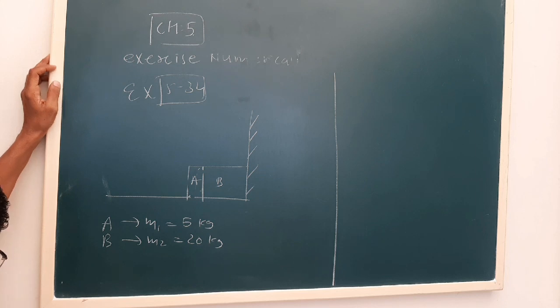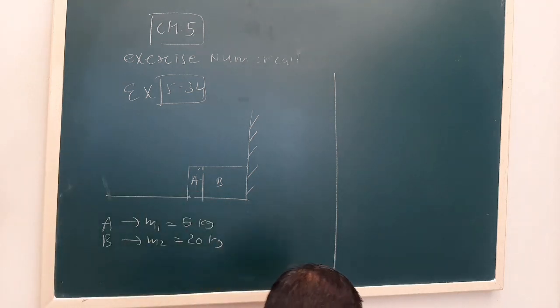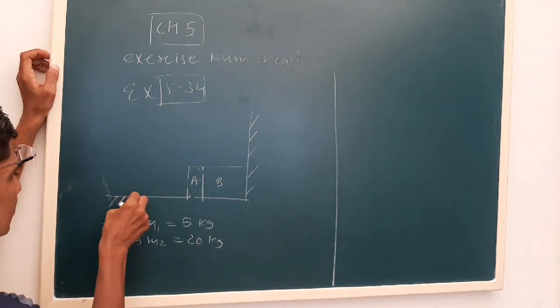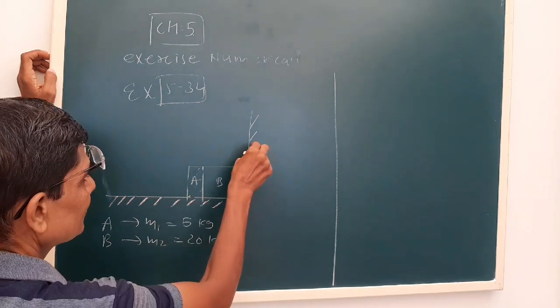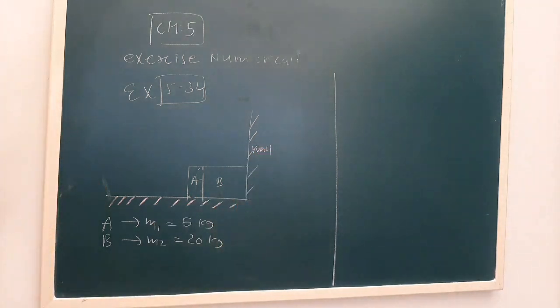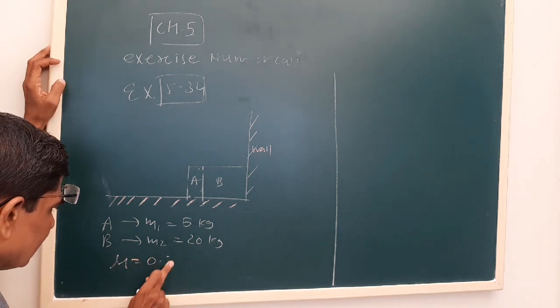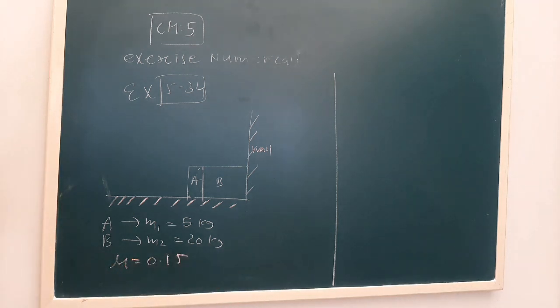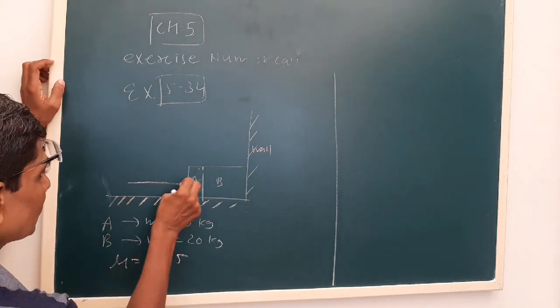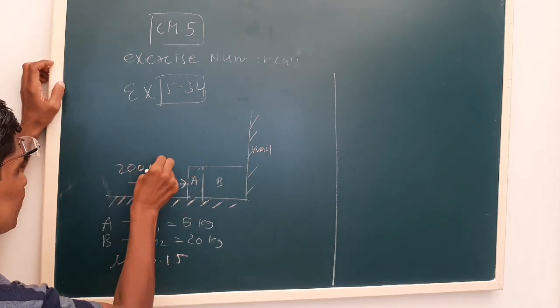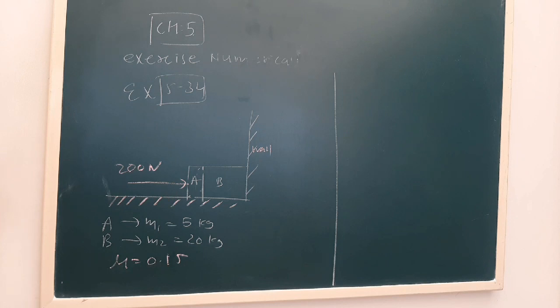They are kept on a rough surface, and there is a ball also. Now mu is 0.50. The question says a force of 200 Newton is applied on the right hand side as shown in the figure.